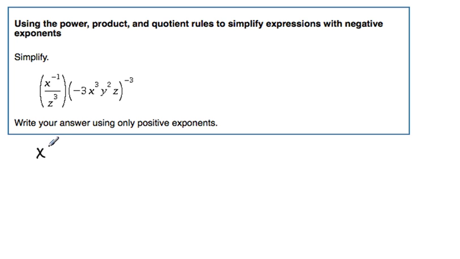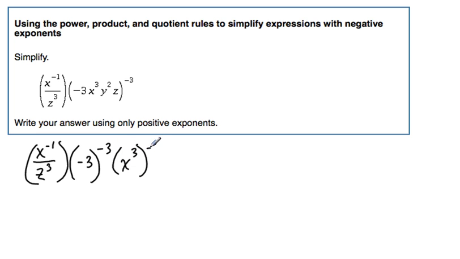So the first set of parentheses will remain unchanged for the time being. X to the negative 1 over z to the third. Now in the second set of parentheses, we're going to write negative 3 to the negative 3 power, x to the third to the negative 3 power, y squared to the negative 3 power, and z to the negative 3 power.